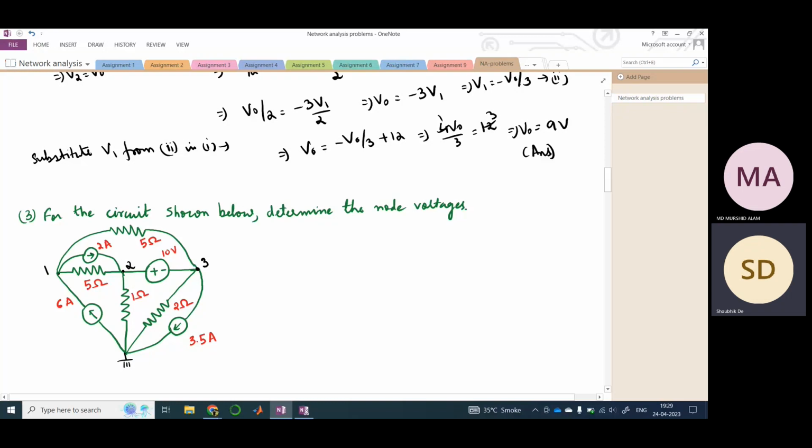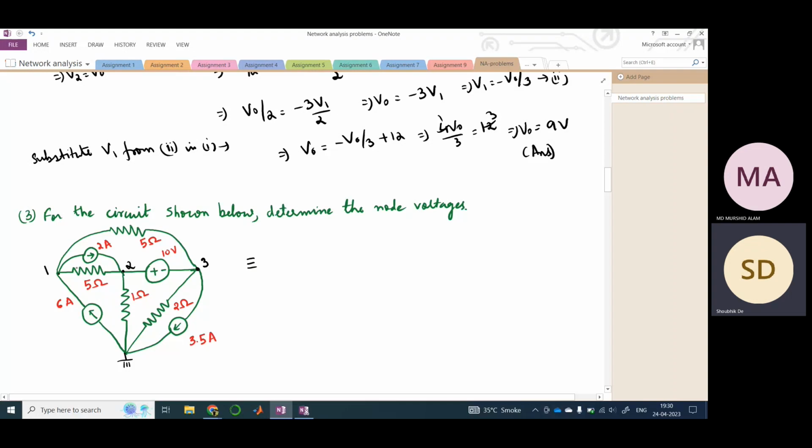If you don't do that, there would be extra current paths, so the number of equations would increase. While applying nodal analysis, try to convert the current source to voltage source if possible. It would simplify your analysis.